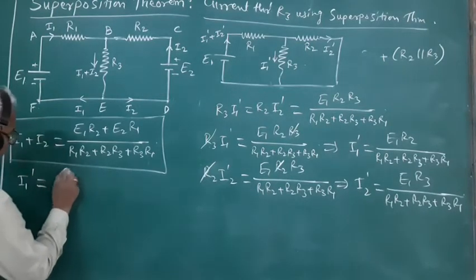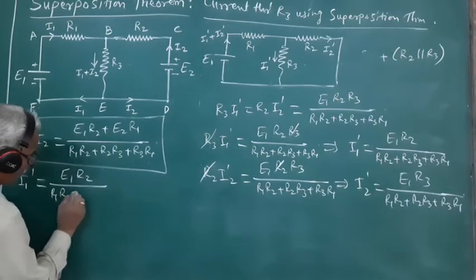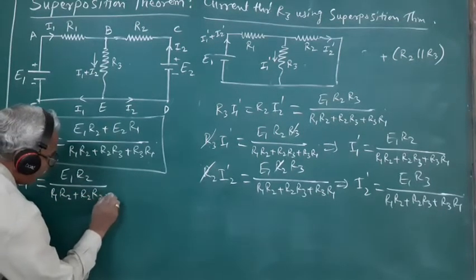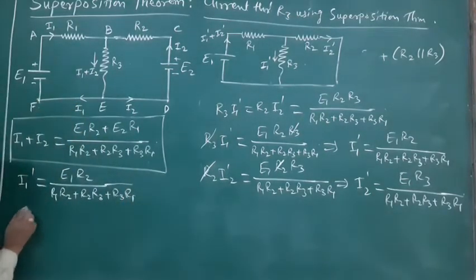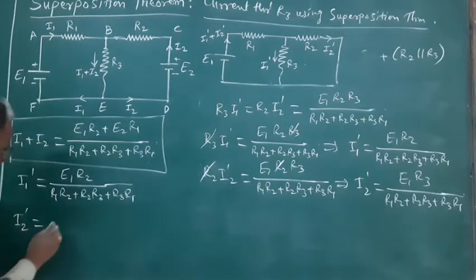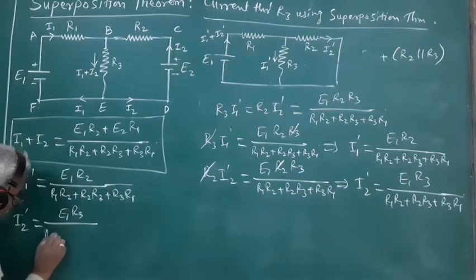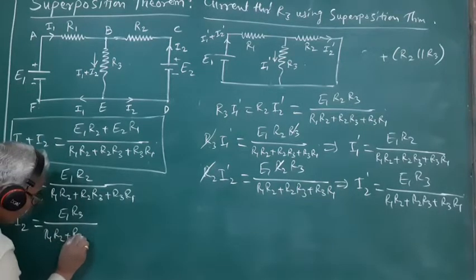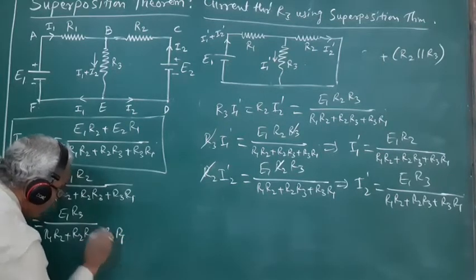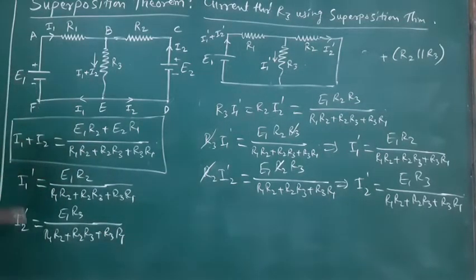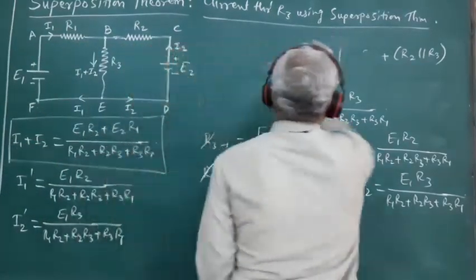I1 prime is E1 R2 upon R1 R2 plus R2 R3 plus R3 R1, and I2 prime is equal to E1 R3 divided by R1 R2 plus R2 R3 plus R3 R1. These are the expressions for I1 and I2. It is the effect due to the source E1.